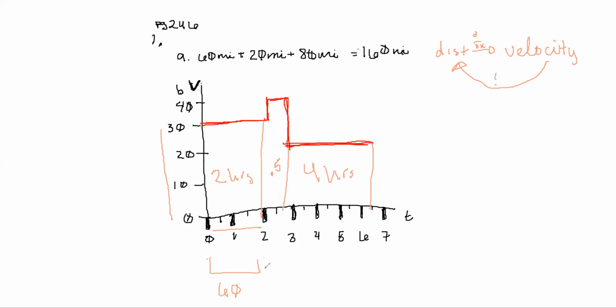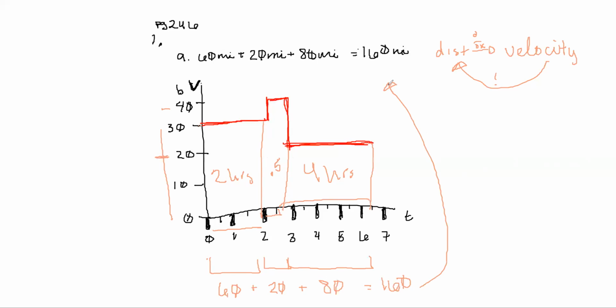The area under this chunk is going to be 1/2 times 40, so that's 20. And then the area under this chunk is going to be 4, because we're going a distance of 4 hours, times 20. So that's 80. And so the total area under the curve is going to be 160, which matches up with what we have here, which is good.